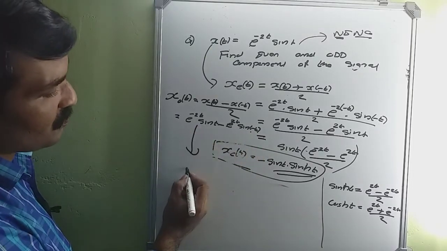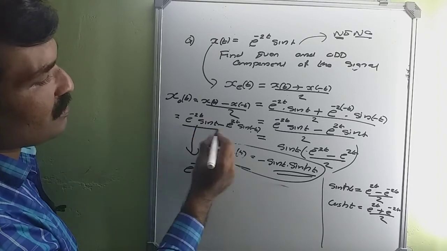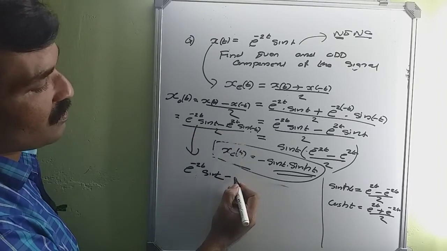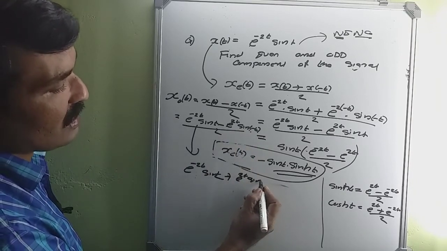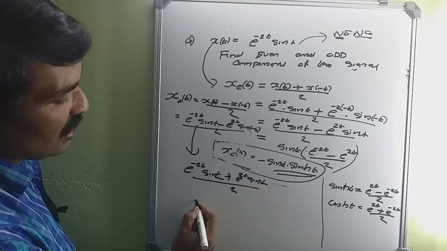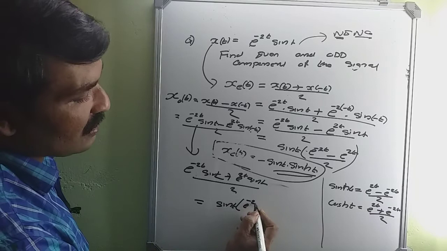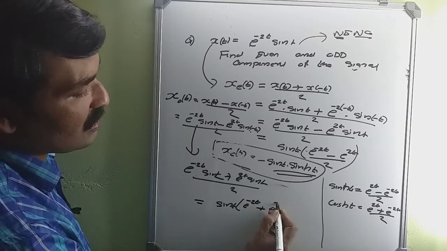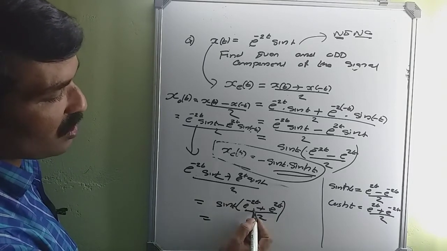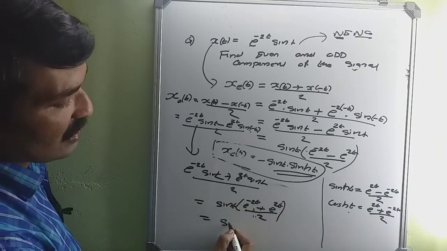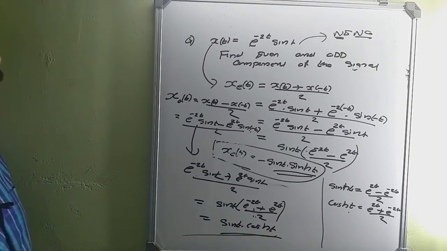So this becomes e raised to minus 2t sin t divided by 2, plus e raised to 2t into sin t divided by 2. That is, sin t is taken common: sin t into e raised to minus 2t plus e raised to 2t divided by 2, which is a hyperbolic cosine. That is sin t into cosh 2t. This is the odd component of the signal.